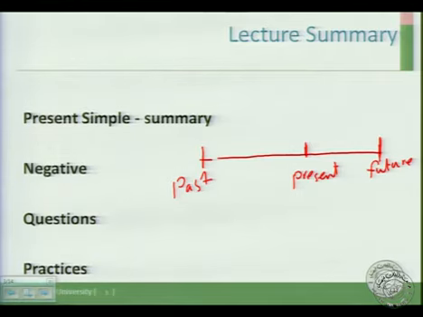If you have a Twitter account, you know what I mean. Let me say it in Arabic, الشريط الزمني. So now, or today, we are going to talk about the present simple, something that happens at the present time, but it used to happen in the past, and it will continue happening in the future.